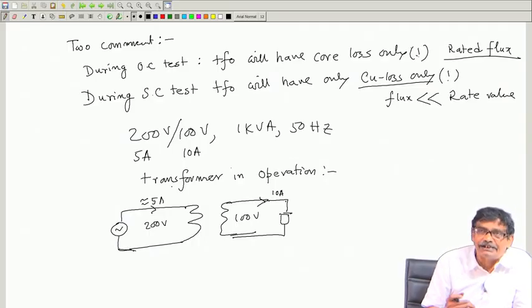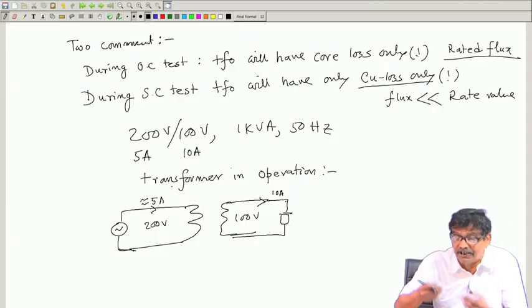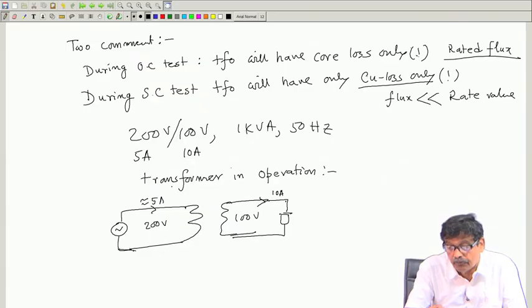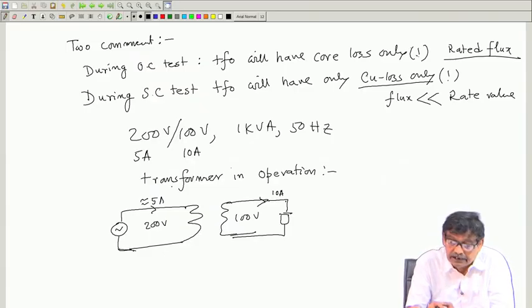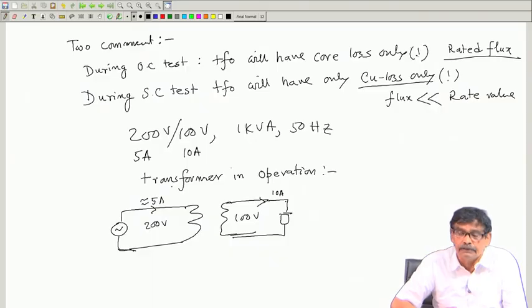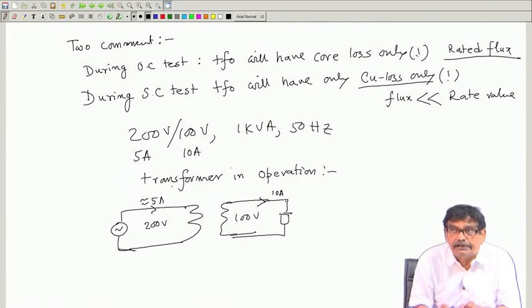You have not purchased a transformer to carry out open circuit and short circuit test, that is there to find out the parameters. But you have purchased this transformer, you know you have to supply a load at 100 volt, 10 ampere current. So, this transformer should be put to use under this condition.